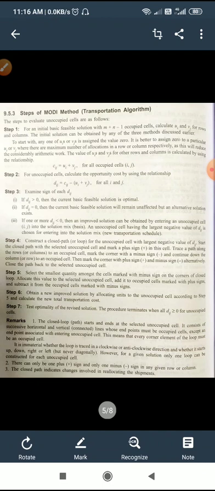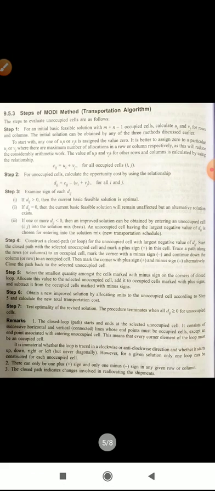Each turn has a sign, negative or positive. The first cell, the unoccupied cell, has a positive sign, the next is negative, and the next is positive. In this fashion we assign plus, minus, plus, minus signs at each 90 degree turn, in either clockwise or anti-clockwise direction.